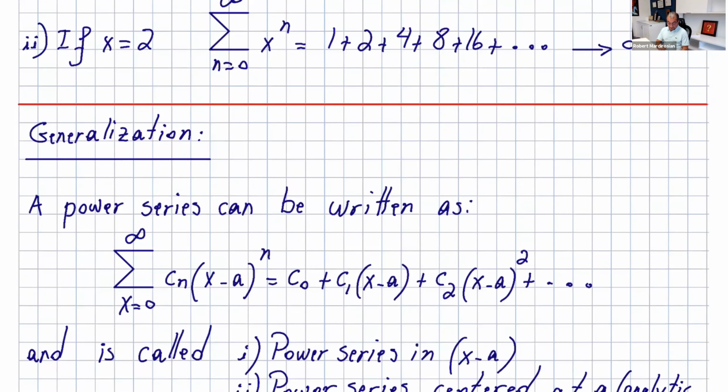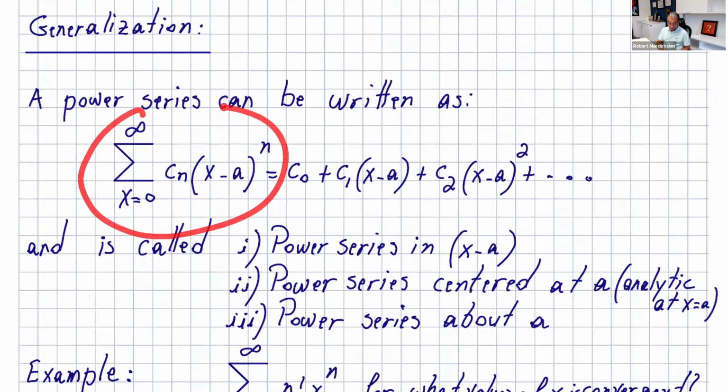Now let's generalize this. A power series can be written as, if you see this notation, the sum of n starting from 0 to infinity of c sub n times x minus a to the power of n. If you expand that, you get c0 plus c1 times x minus a plus c2 times x minus a squared, and so on.